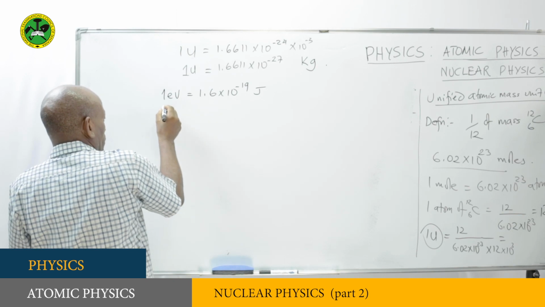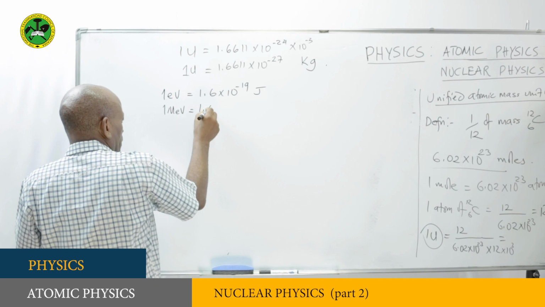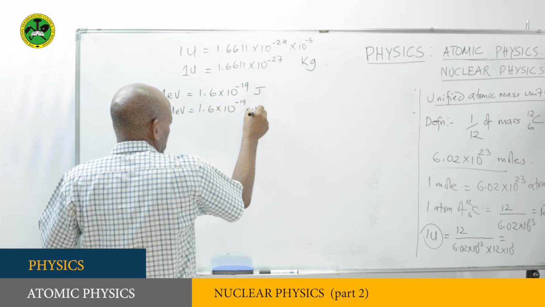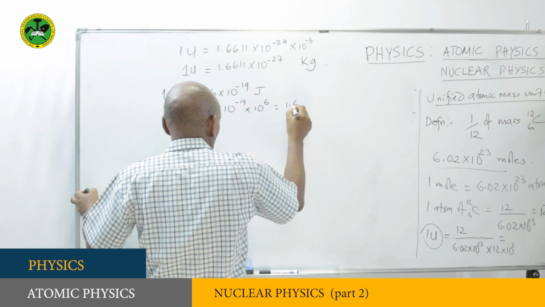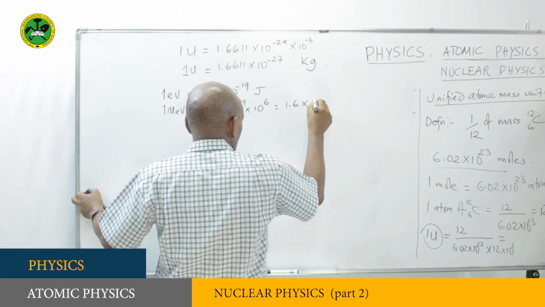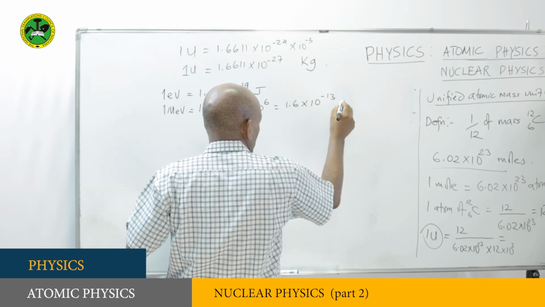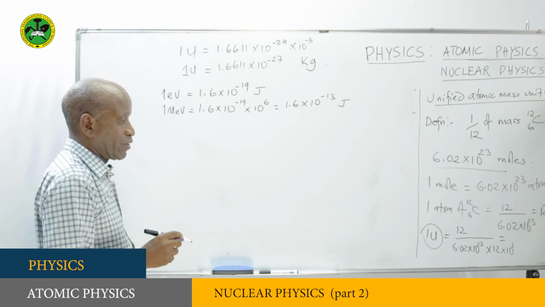So if I'm talking about 1 mega electron volt, it is 1.6 times 10 power minus 19 multiplied by 10 power 6, so I'm going to get 1.6 times 10 power minus 13 joules. This is 1 mega electron volt.